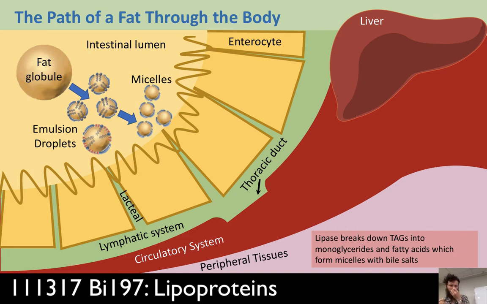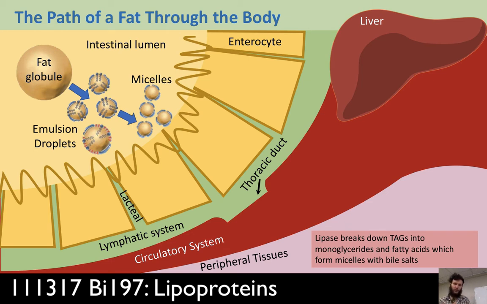And micelle is a generalized term that means any kind of lipid that has been suspended in an aqueous environment because of some sort of emulsifier, surfactant, amphipathic molecule. Those are all the same words. Detergent.